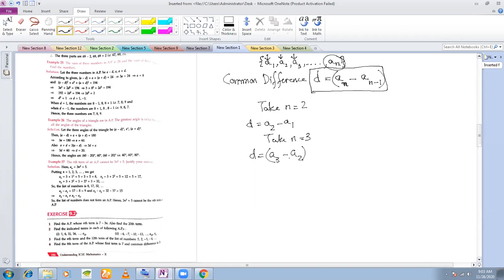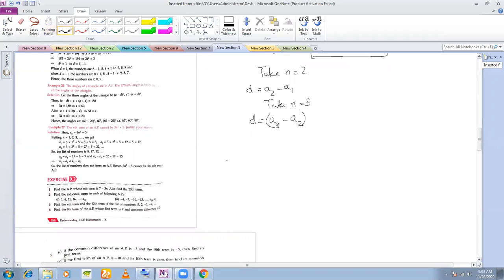That is how you find the common difference between the terms. And I have already shown you that if you know the first term and the common difference of the AP, you can determine the AP.